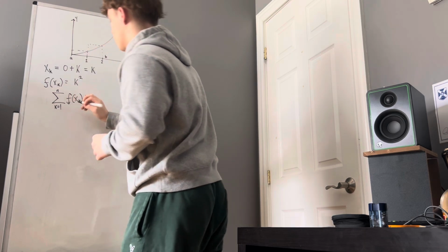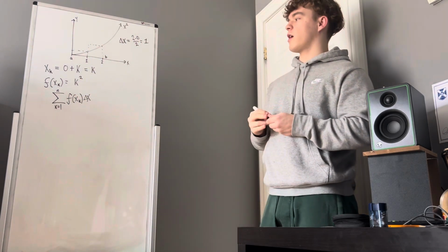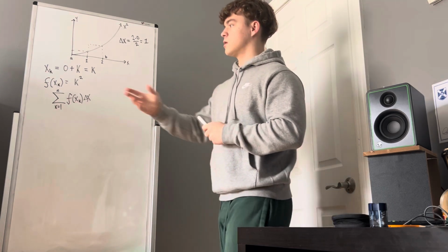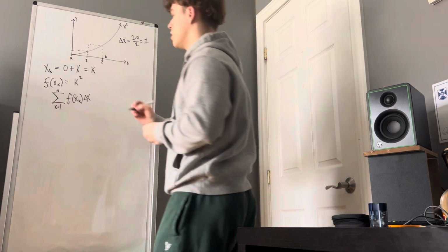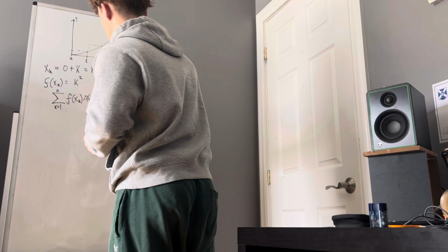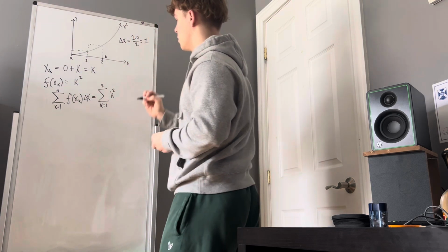And so this is our general formula for finding the area under a curve. So you'll notice that k goes from 1 and we have two rectangles. So in this case, we have the sum from k equals 1 to 2 of f of xk is k squared times delta x is 1.